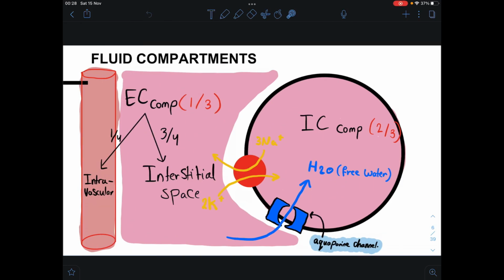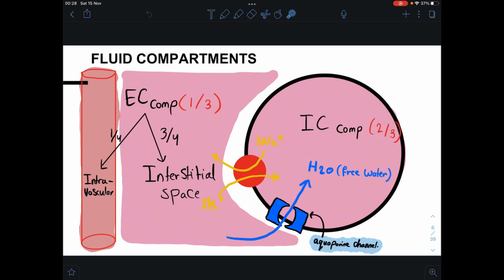This diagram demonstrates the different fluid compartments. As we said, 60% of body weight is fluid, and 2/3 of this fluid is intracellular, and 1/3 is extracellular, and the extracellular includes the intravascular and the interstitial space.